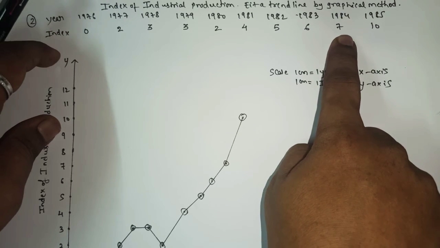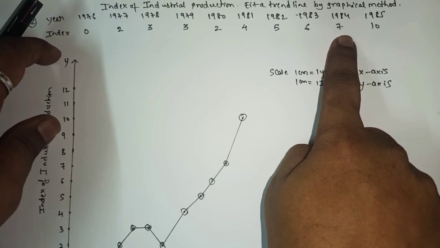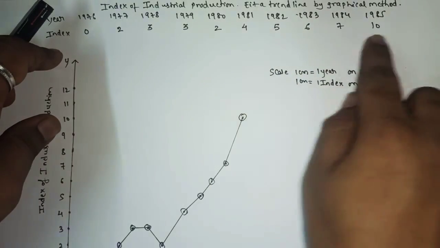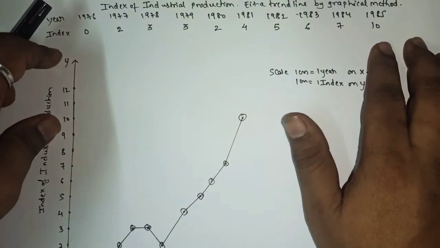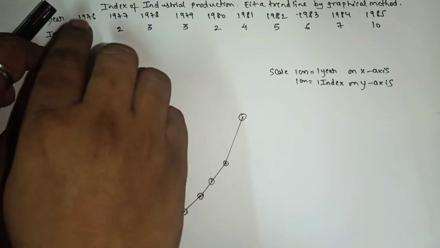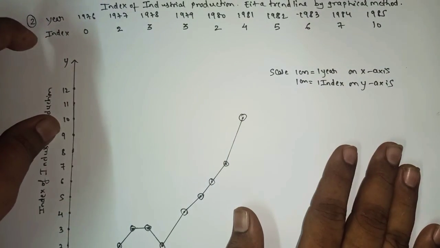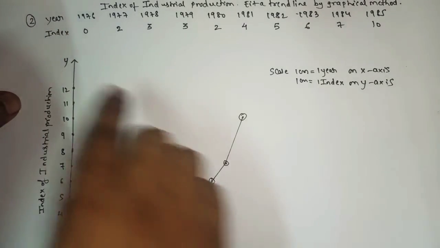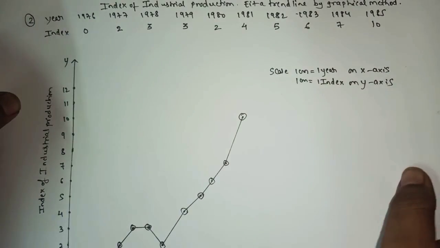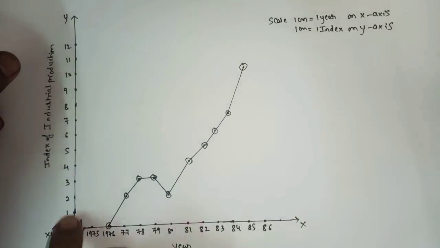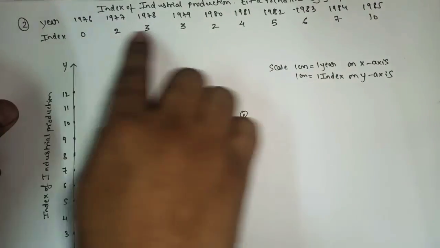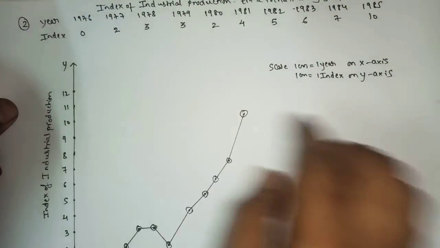Here for this sum they have not given the unit, so that means it is a single-digit number only. It is just a number. For this particular sum the unit will be unit only. So here we have the year, which we will write on the x-axis, and the index on the y-axis.